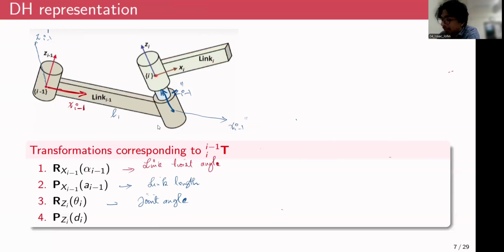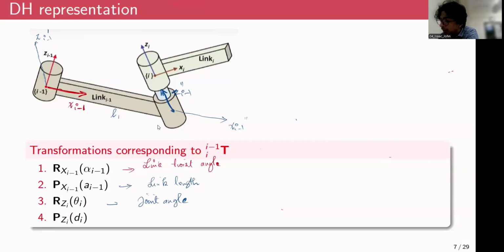So to accommodate the relative orientation between xi and xi minus 1, I'll maybe call that angle theta, right? If this is xi minus 1 double dash, and if this is the direction of xi, the relative angle between xi minus 1 and xi we call theta i, the pure rotation about zi axis, so that the orientation between xi minus 1 double dash and xi can be matched. That is what we call the joint angle, right?